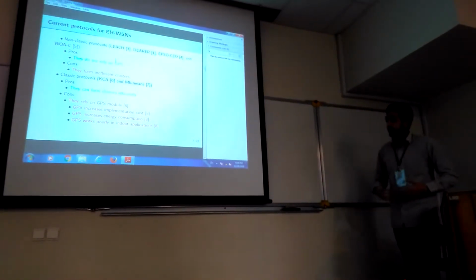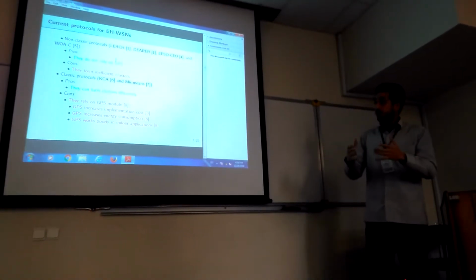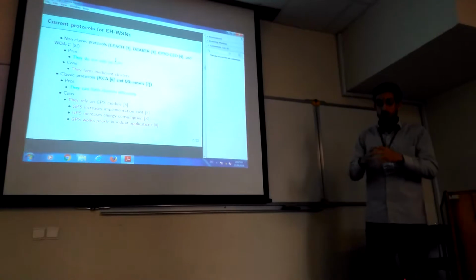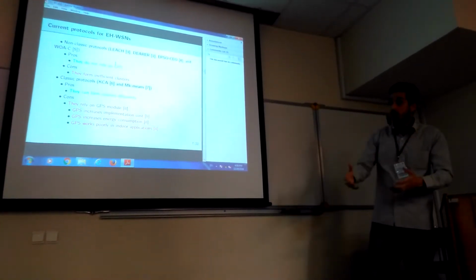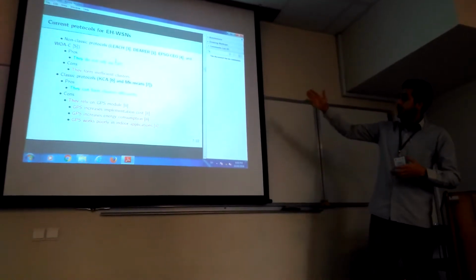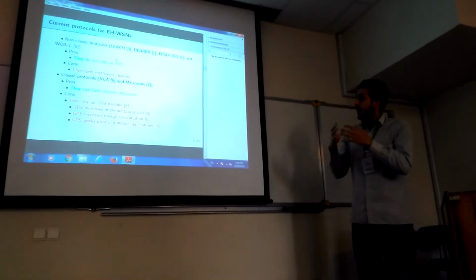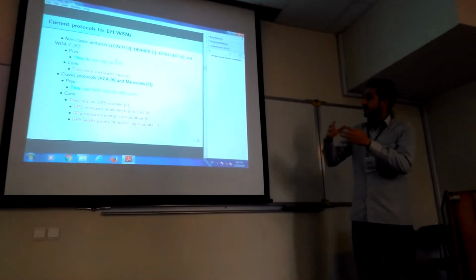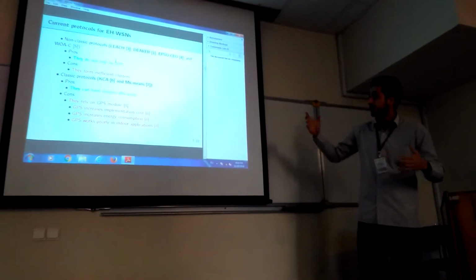According to my classification, we have two kinds of hierarchical protocols. First, non-classic protocols, which do not rely on well-known clustering approaches, like LEACH, DRL, EPSO, and so on. The advantage of these protocols is that they do not rely on GPS, but they form inefficient clusters.